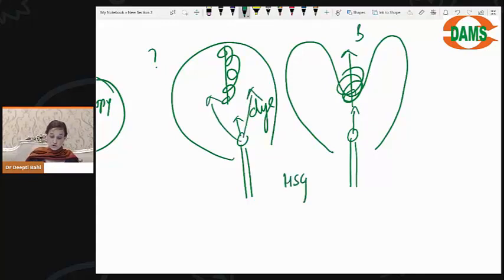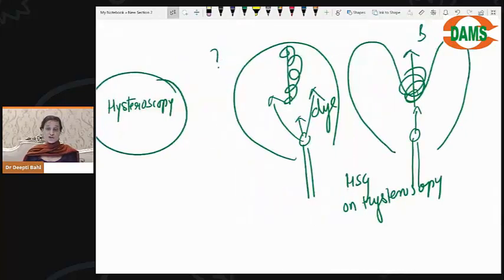So on HSG and on hysteroscopy, the bicornuate and the septate will look the same. You will not be able to differentiate, because these two procedures show you the uterus from inside, and we will have an ouch moment. We don't want any ouch moments. You are surgeons, surgeons know what they're doing. So no ouch for us.